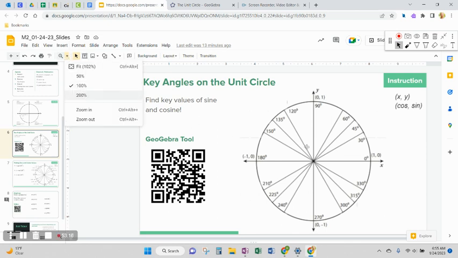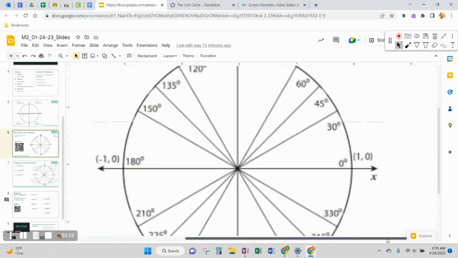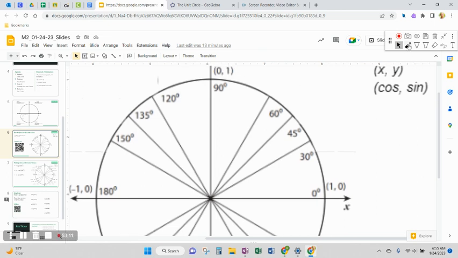So I'm going to zoom in a little bit just so we can see it better on my screen. We said my x value, my cosine value was 0.87, and my sine value was 0.5.